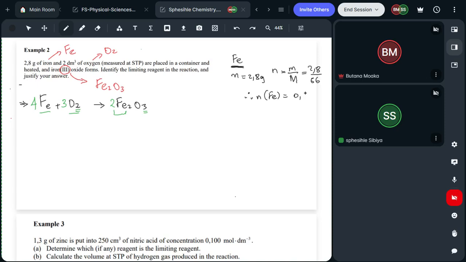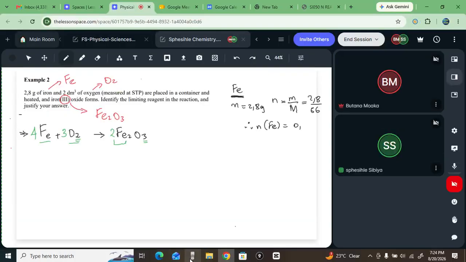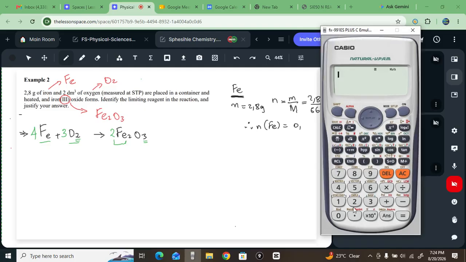Did you get 0.0424? Let me try 2.8 divided by 56 again.